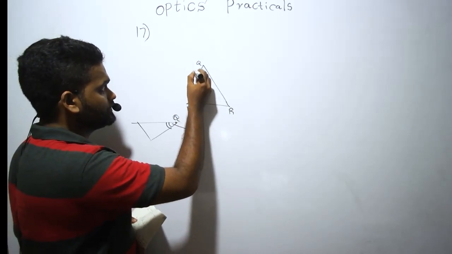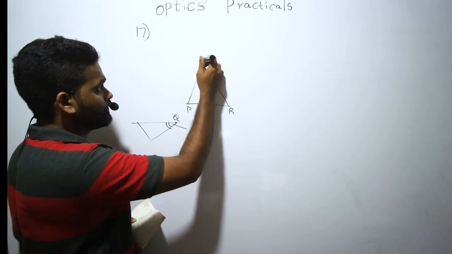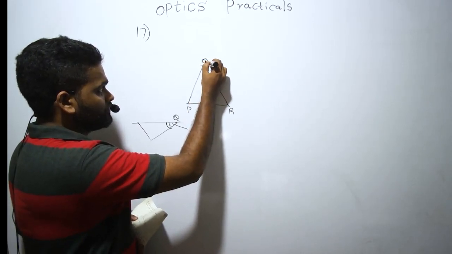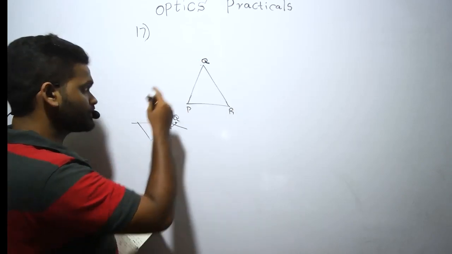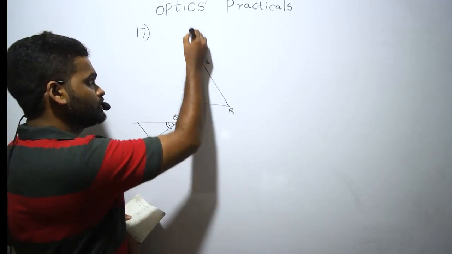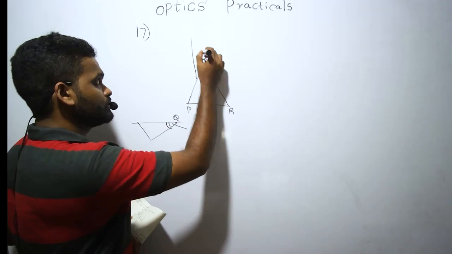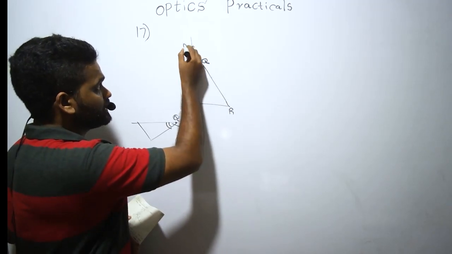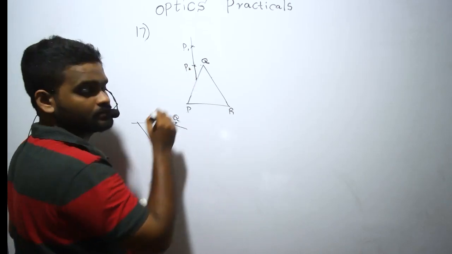Then you draw a line like this, right? Then place P1 and P2.